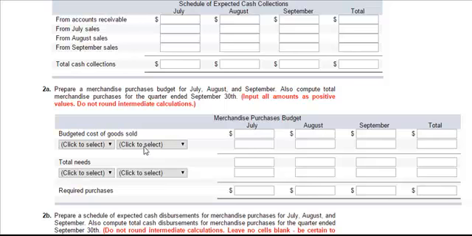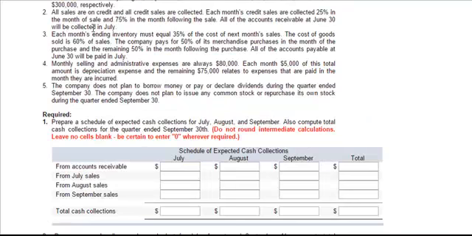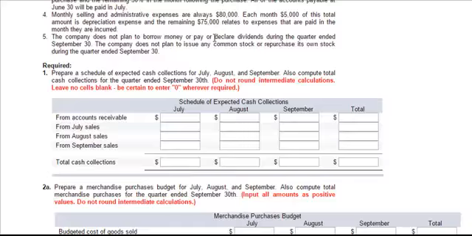For the desired ending finished goods inventory, we're told that that should be 35% of the cost of next month's sales. And a common mistake is to multiply the 35% by the sales figures. But you'll notice it's 35% of the cost of next month's sales.